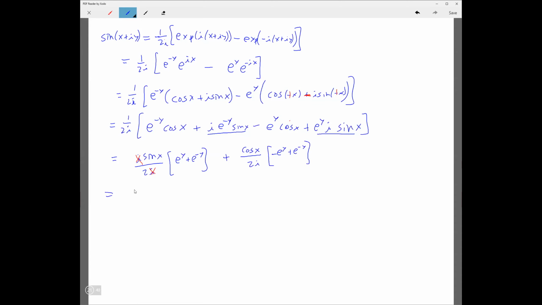Okay, so I can rearrange things here, like that. Remember that 1 over i is actually equal to negative i. So they change that to a negative i. But we distribute the negative into here.